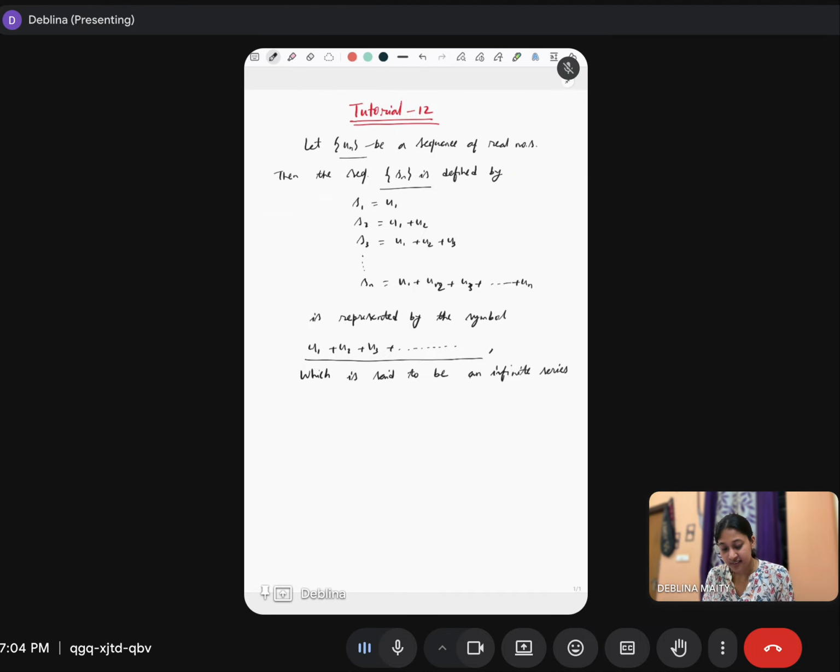This infinite sum is said to be an infinite series, and this series is generated from the sequence Un. Infinite series generated by the sequence Un, right?